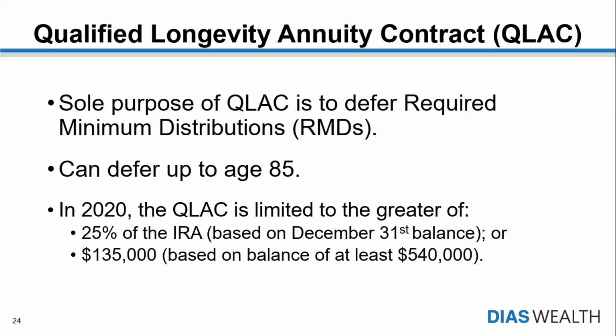So let me give you 2 examples really quickly. Let's just say you have a client that has $100,000. They cannot put the whole $100,000 in. It's the lesser of 25% or $135,000. So in that case, it would be $25,000. If you had a client that had $1 million, the maximum they can put into the QLAC is $135,000.